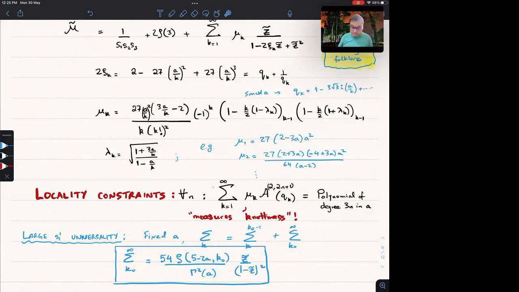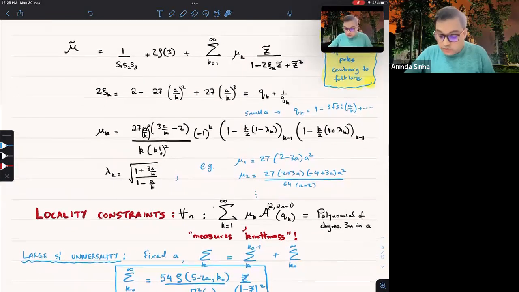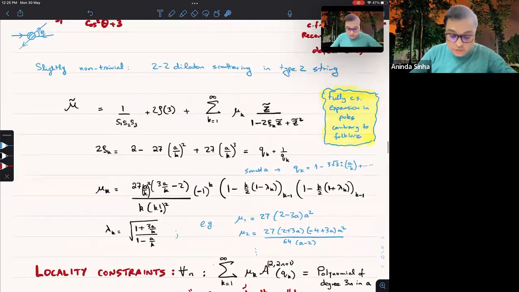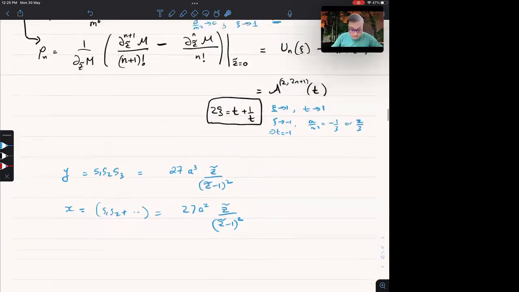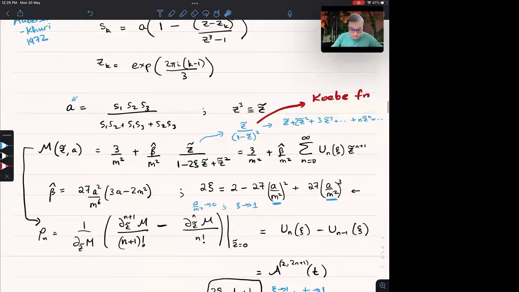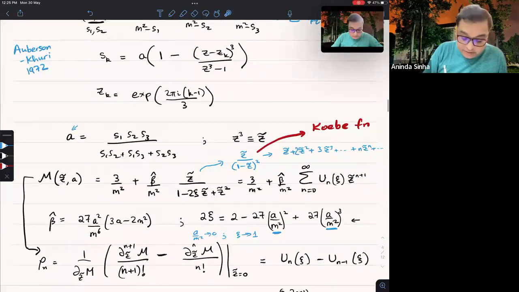Now, what is going on? This is what is going on. A is a ratio of these two. If you have very high powers of A, you will see very high powers of this in the denominator.